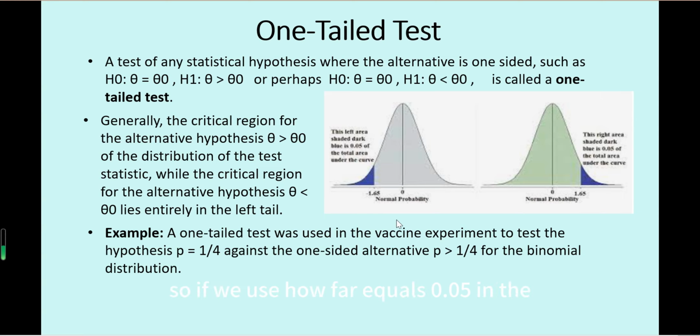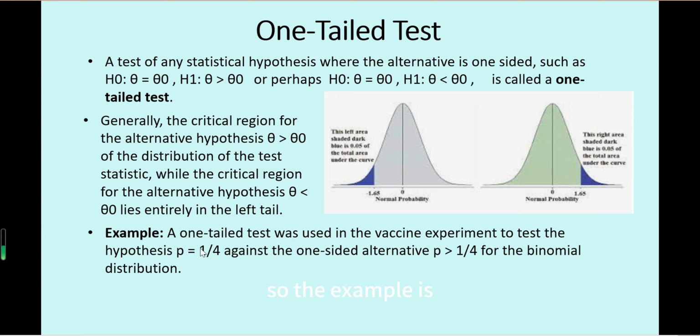So if we use alpha equals 0.05 in the hypothesis testing and get a negative value less than minus 1.65, the test will be significant.